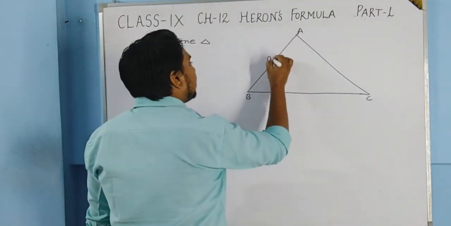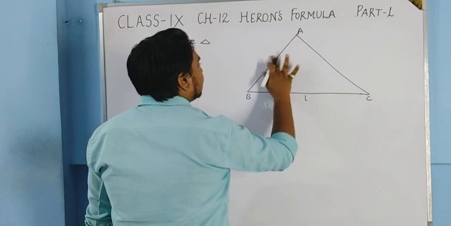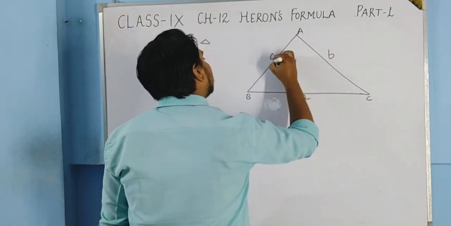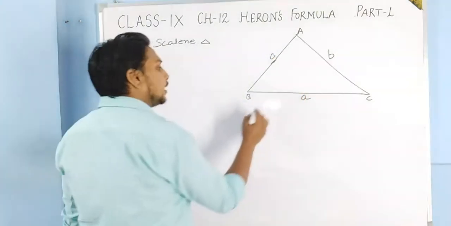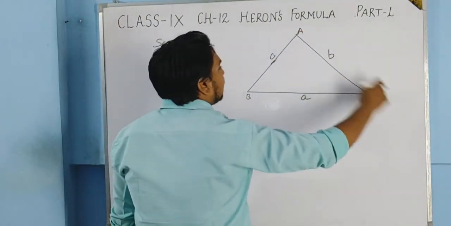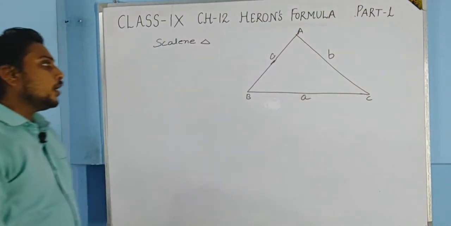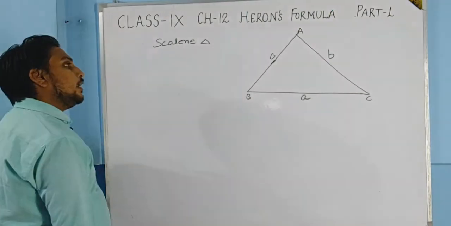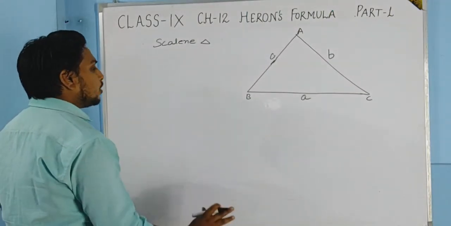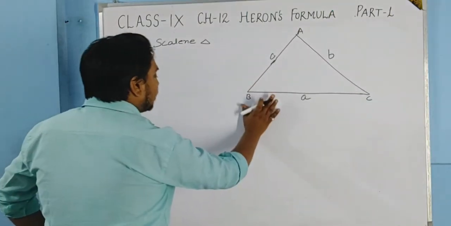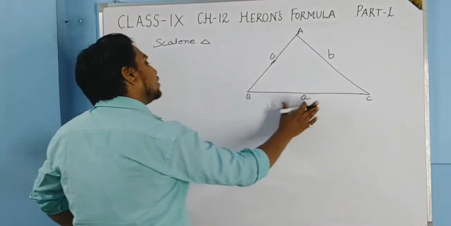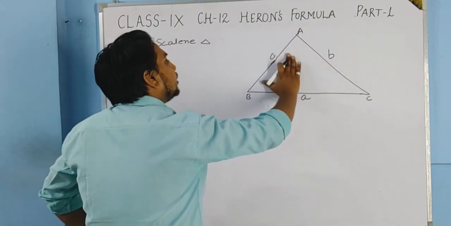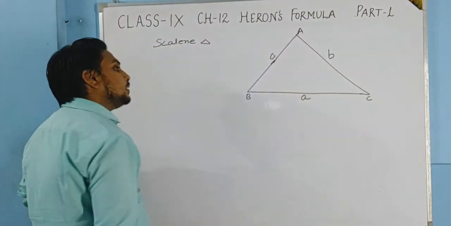And what is the property of a scalene triangle? All its sides are unequal to each other. Suppose one side is a unit, another is b unit and another is c unit. So this will be the type of scalene triangle. Here it is only given that the length of the side BC is a, the length of the side AC is b, and the length of the side AB is c unit.